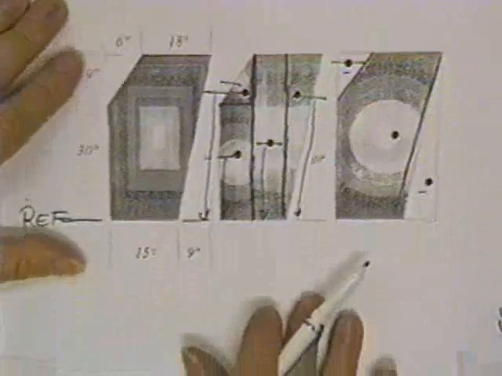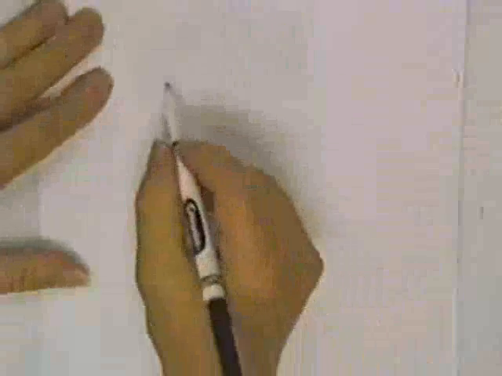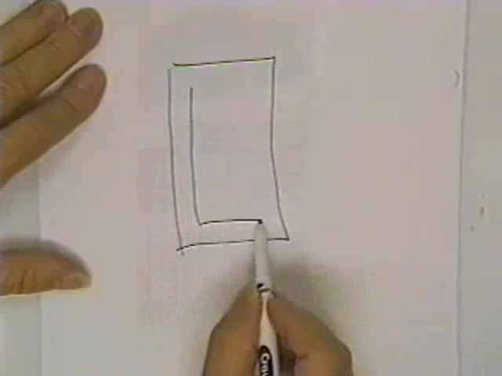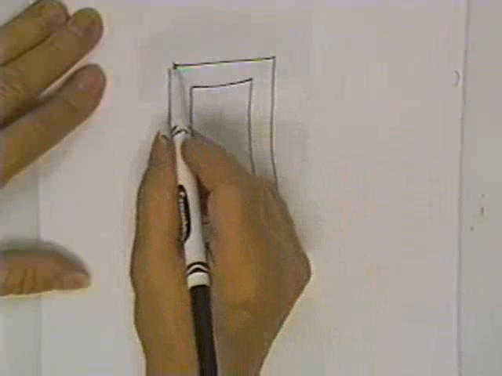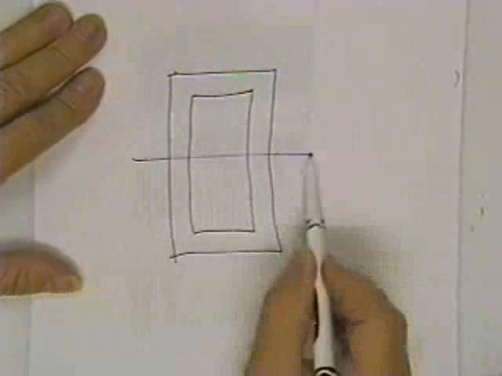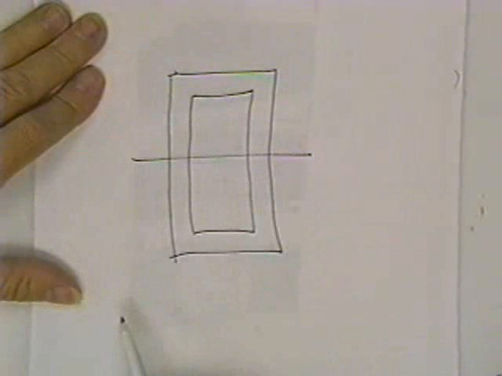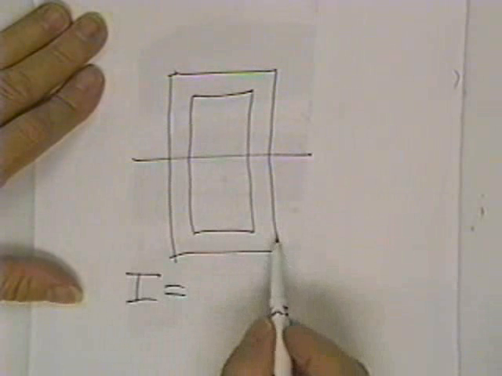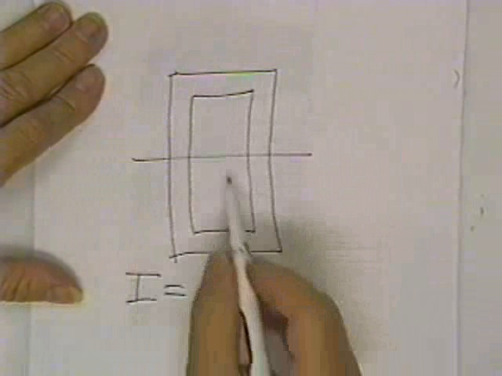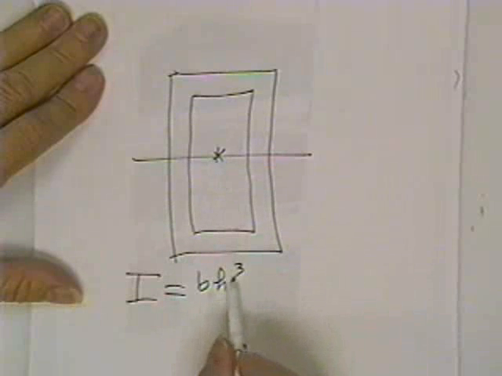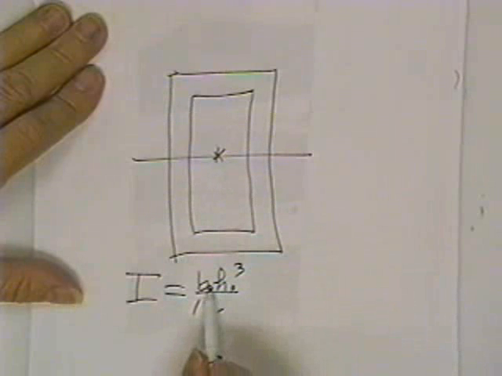Sometimes that's very handy. For example, if anybody asks you the moment of inertia of a box, don't break it up into all kinds of little pieces. Its centroid is dead in the middle due to symmetry, and its moment of inertia is equal to this square right here. That would be B H cubed over 12 for the outside square.